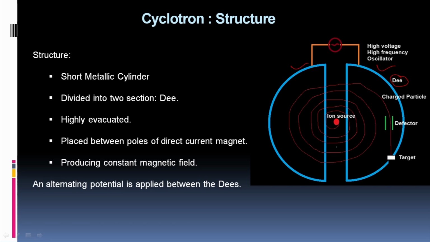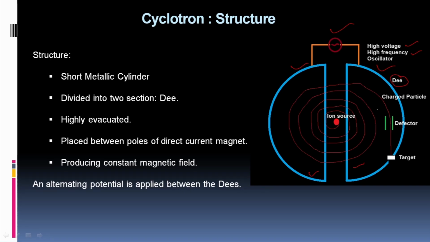This cavity is highly evacuated, and the Ds are placed between the poles of a direct current magnet. This direct current magnet produces a constant magnetic field. An alternating potential is applied between the Ds. This is a high voltage, high frequency oscillating potential.